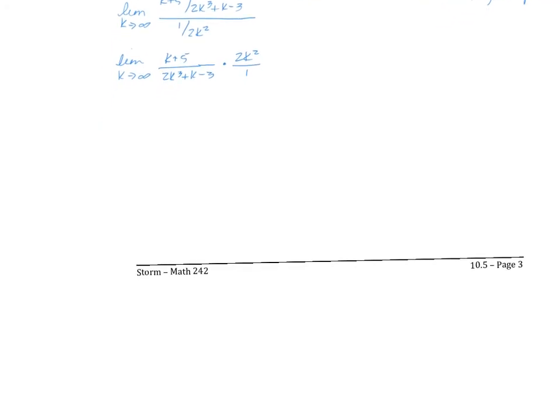And then this is still going to be infinity over infinity. I'm going to go ahead and distribute in the numerator by multiplying k plus 5 by 2k squared to get 2k to the third plus 10k squared. So this looks much nicer.